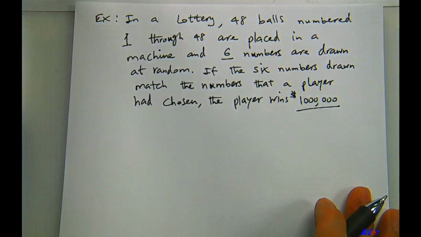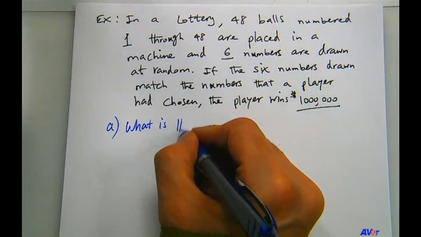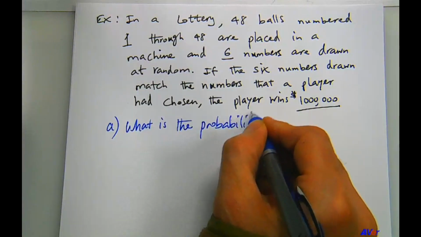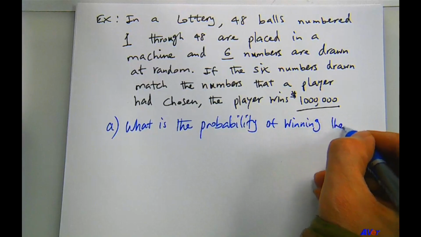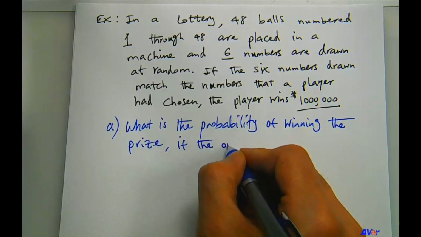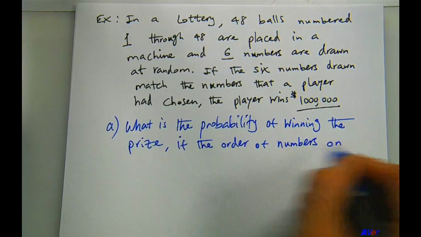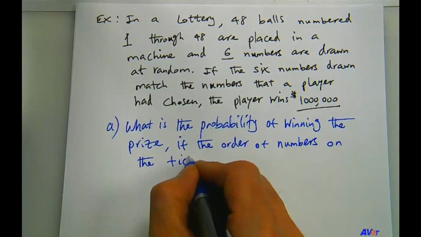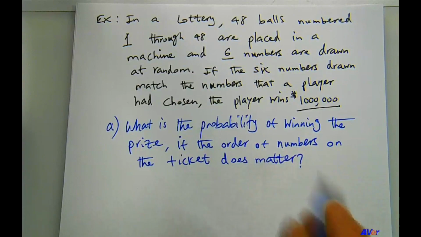Okay, so given this scenario, we have a lottery where 48 balls numbered 1 through 48 are placed in a machine.